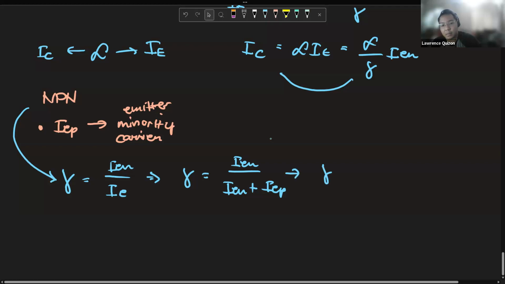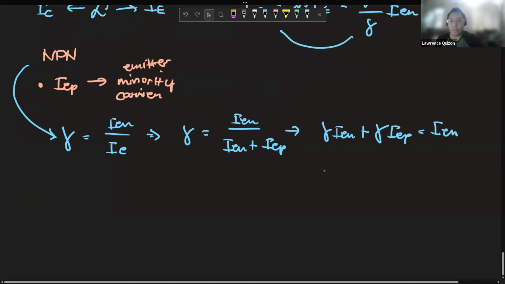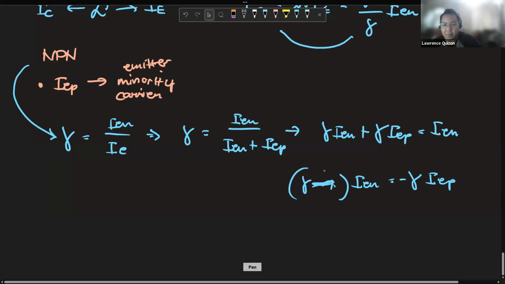So then, gamma IEN plus gamma IEP equals IEN. Or in other words, sige, sino gusto natin kunin? We want to get IEN from IEP. So gamma minus 1 times IEN equals gamma IEP, no? Negative. Tama, we can just flip the signs for now.